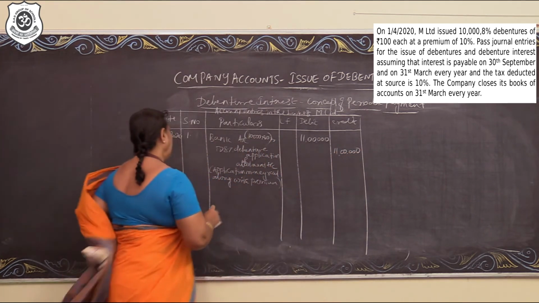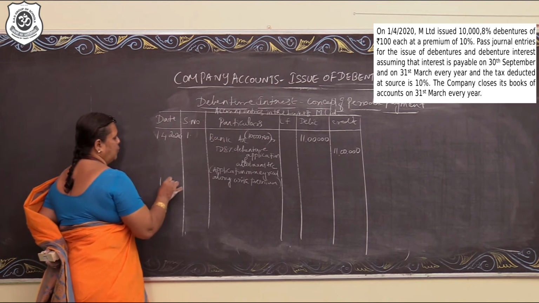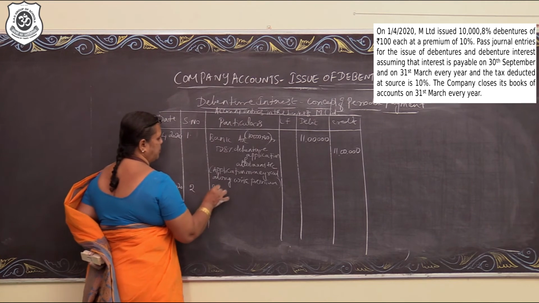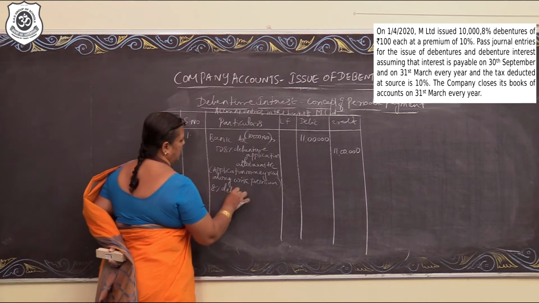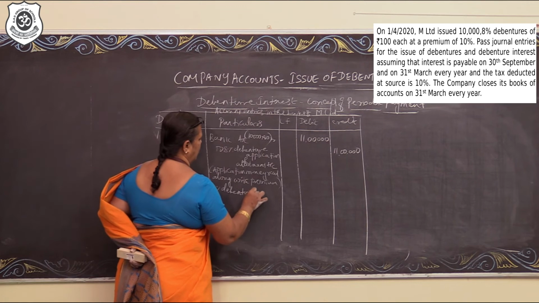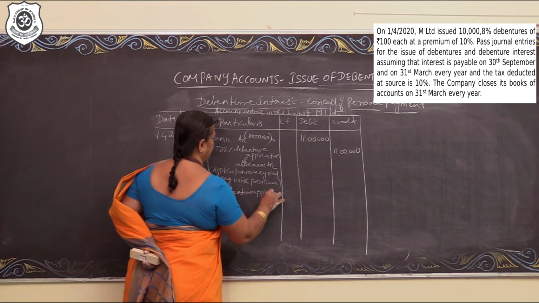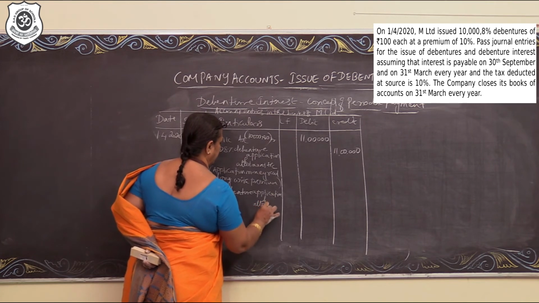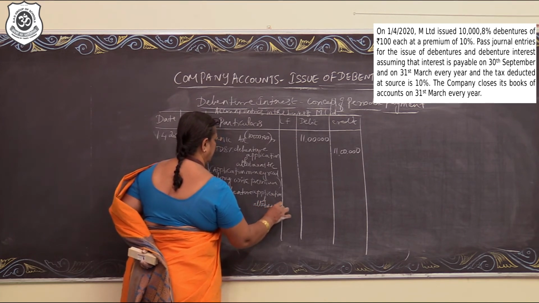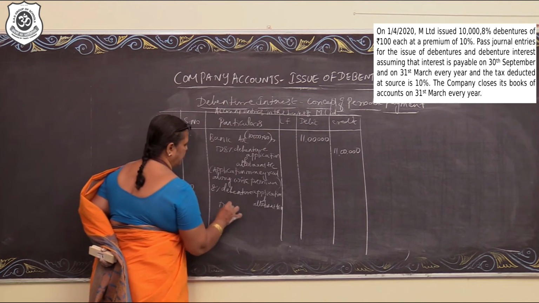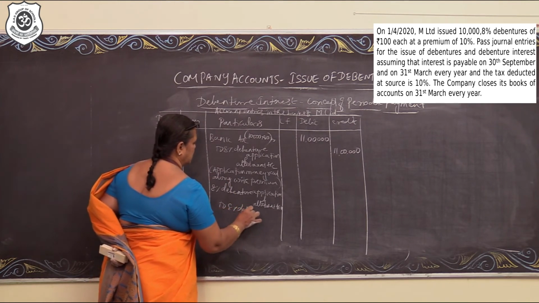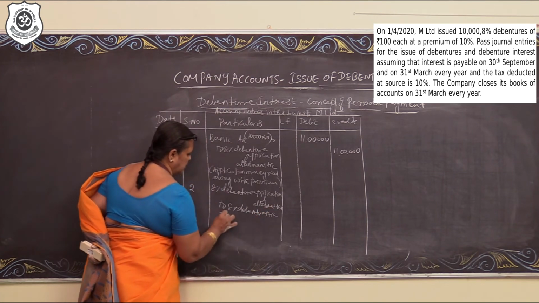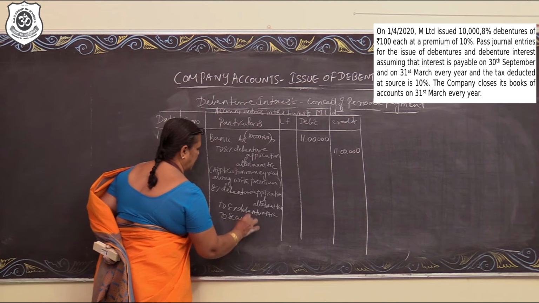The second entry, same date, 1/4/2020. Second entry will be 8% debenture application and allotment account debit to 8% debentures account, to securities premium reserve account.